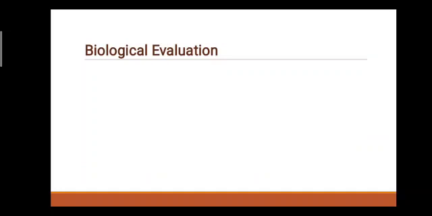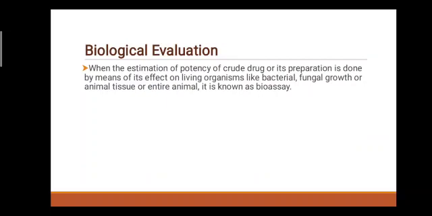Then next classification, biological evaluation. When the estimation of potency of a crude drug or its preparation is done by means of its effect on living organisms like bacterial, fungal growth or animal tissue or entire animal, it is known as bioassay.